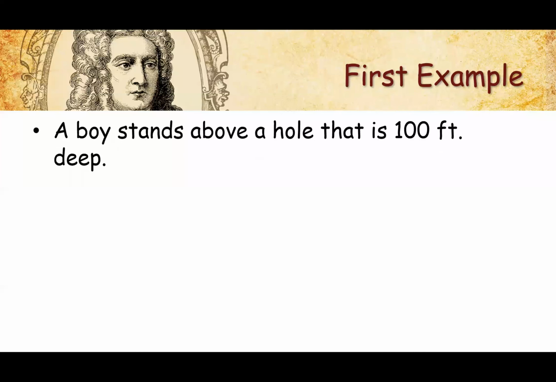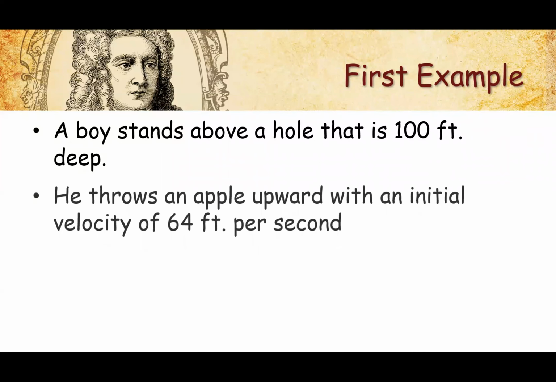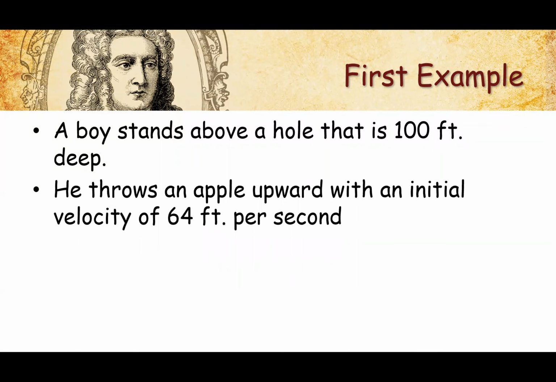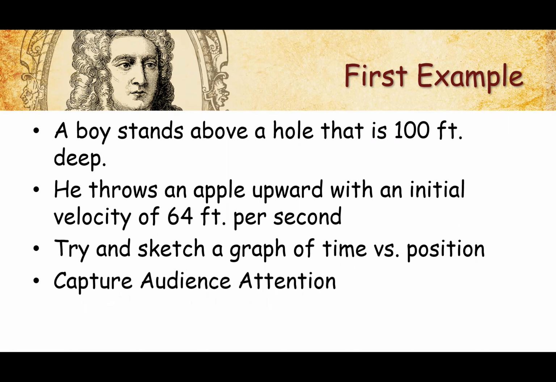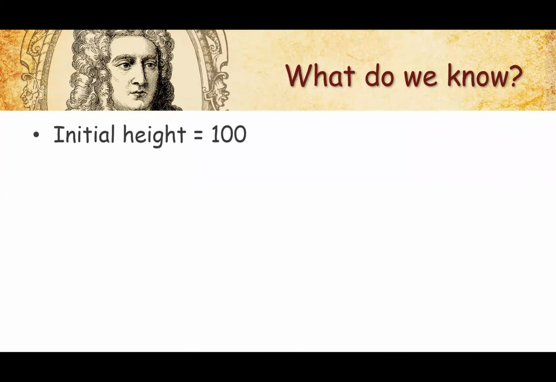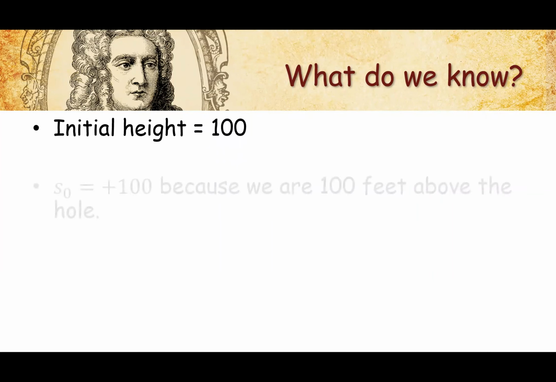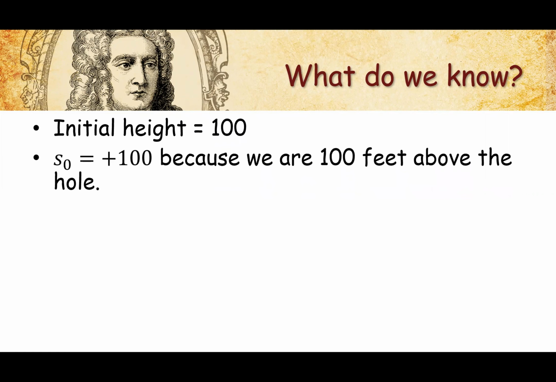So if a boy stands above a hole that's 100 feet deep and he throws an apple upward with an initial velocity of 64 feet per second, try and sketch a graph of time versus position. What do we know? We know the initial height is 100. So S0, which is the initial position, is positive 100 because it's 100 feet above the hole.